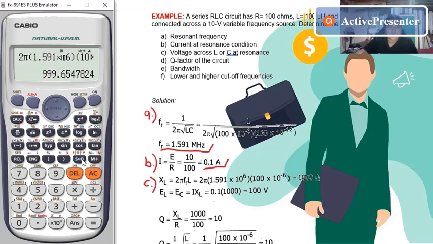Our XL will be 999.65, or approximately 1,000 ohms. But what is asked is the voltage across. EL is equal to I times XL. Since we have XL, our voltage across is 0.1 multiplied by 1,000. So our voltage across L or C will be 100 volts.